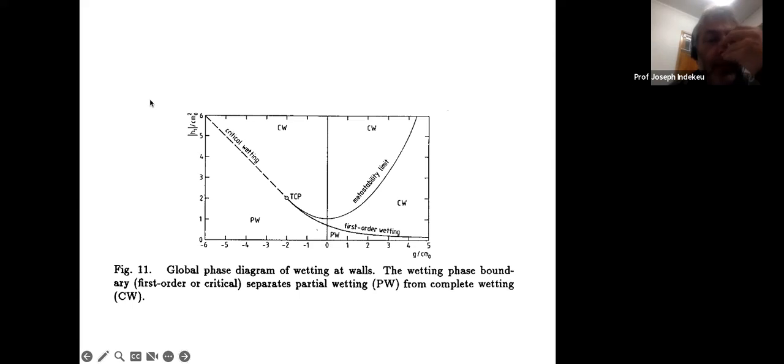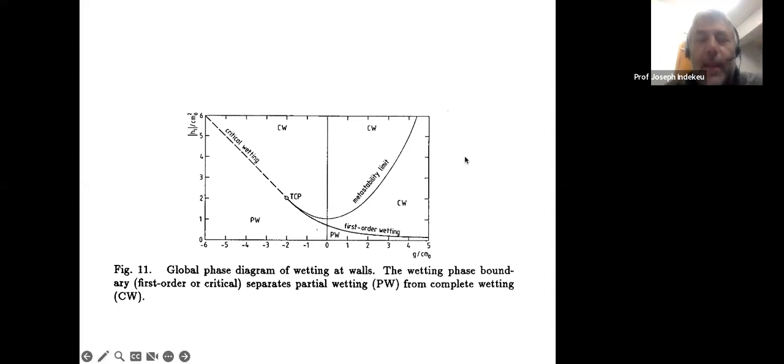But just before doing that, I want to show another representation of the wetting phase diagram in which I have rescaled the variables so that I take a certain combination of surface field and temperature, which I used to call phi previously, and another combination of enhancement and temperature, which is this ratio G to M0, which I called kappa in the homework problem that you still have to do.